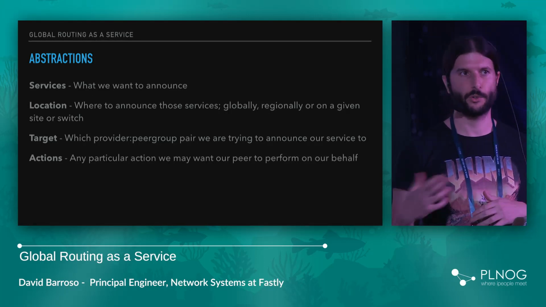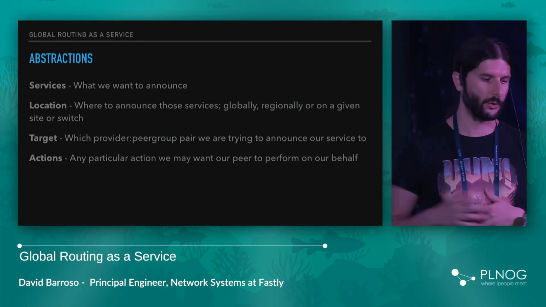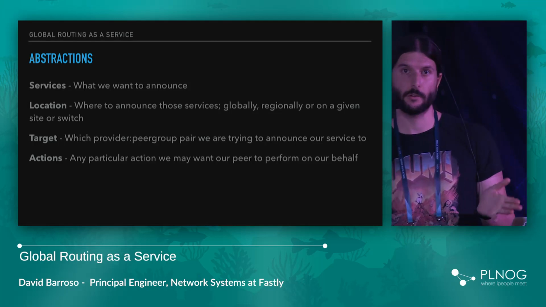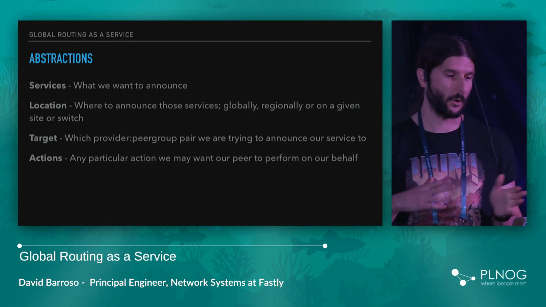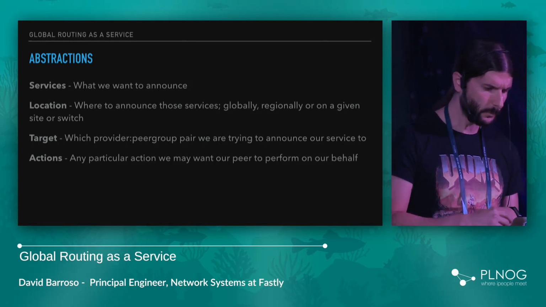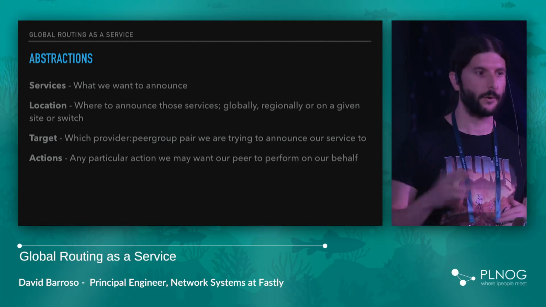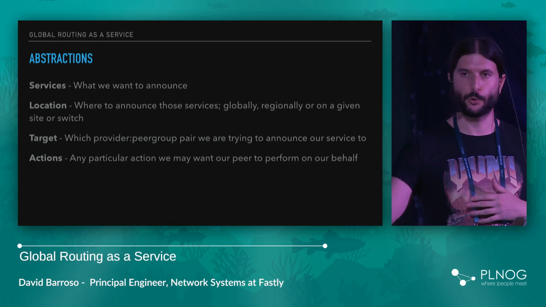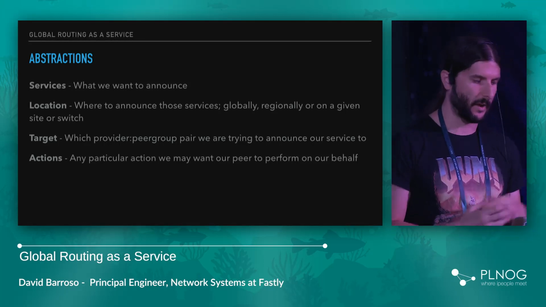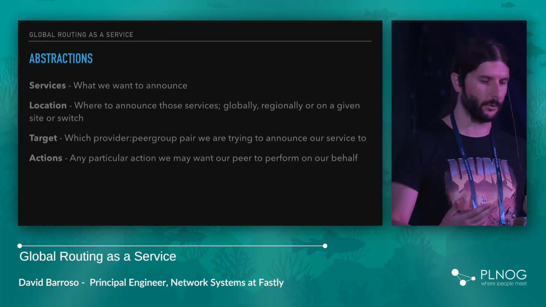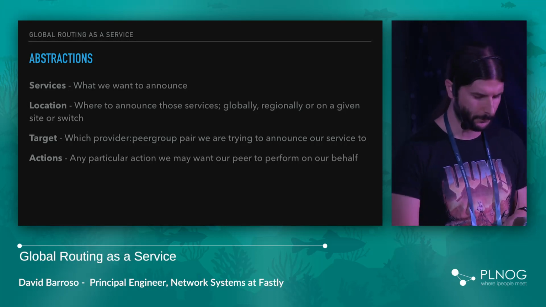We have services, which are the prefixes that I want to announce. Location, which is where I want to announce these particular services. Then we have also targets, which is the peer group provider pair that we want to send the updates to. And then finally the actions: I want to do this, I don't want to do that other thing.